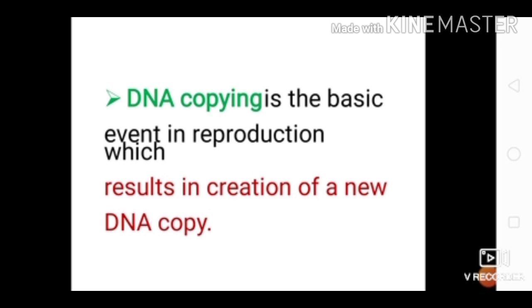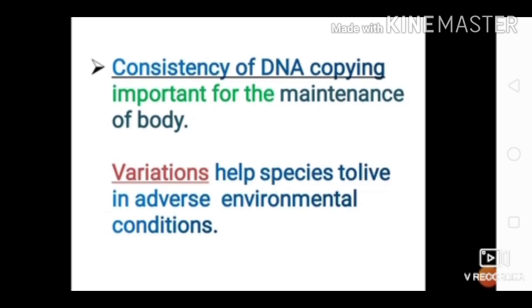This we have to keep in mind. They are not going to be exactly identical copies. Some variation or other will occur. So the new individuals have slight variations from their parents. This is the basis for variation and evolution of new species.